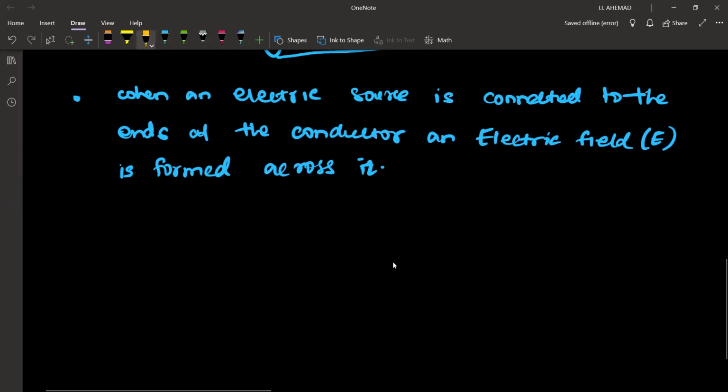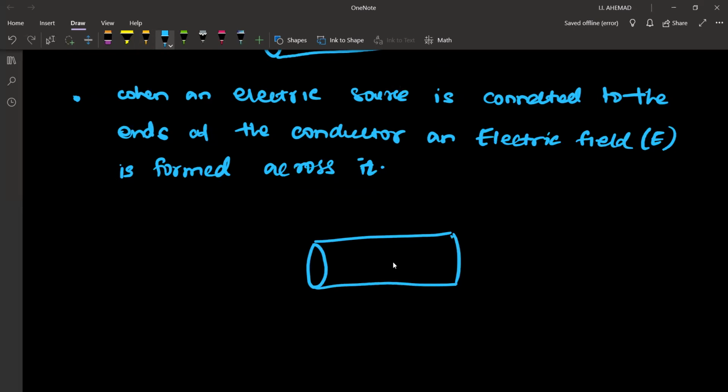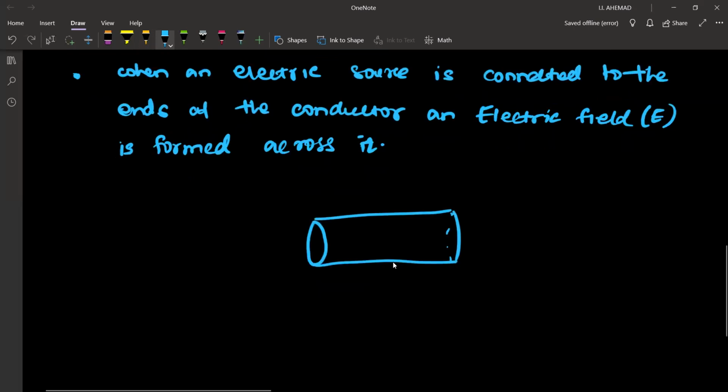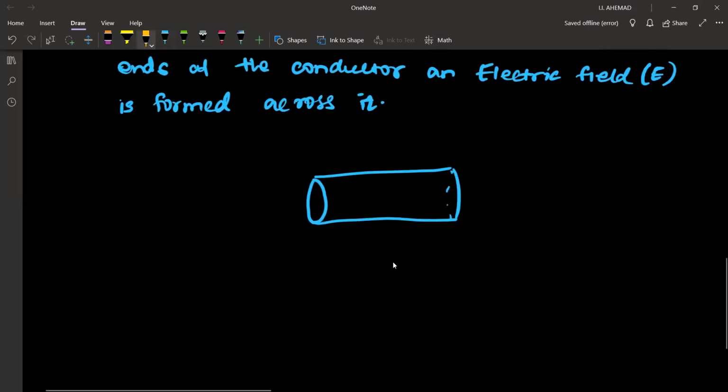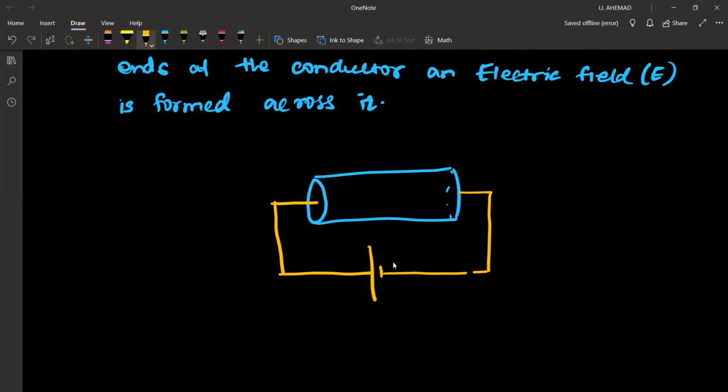So this is my conductor. To the ends of the conductor, I am connecting a battery. If I connect a battery, we know that this side is positive and the other end is negative.